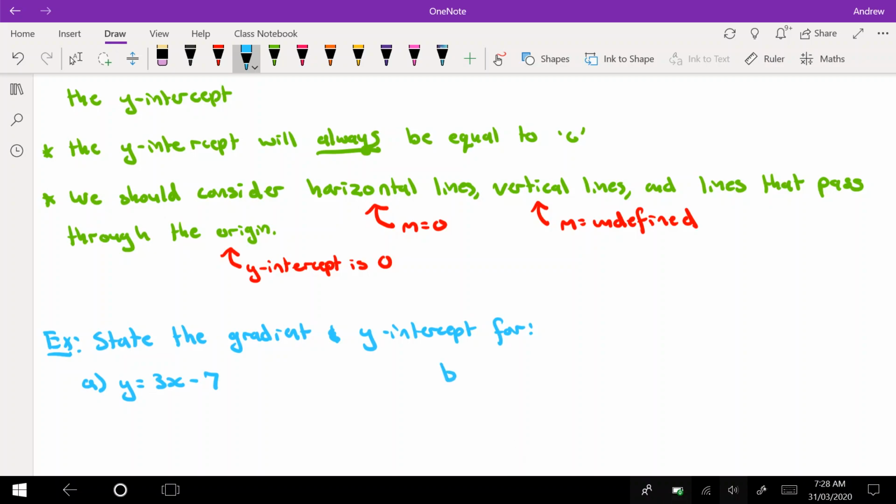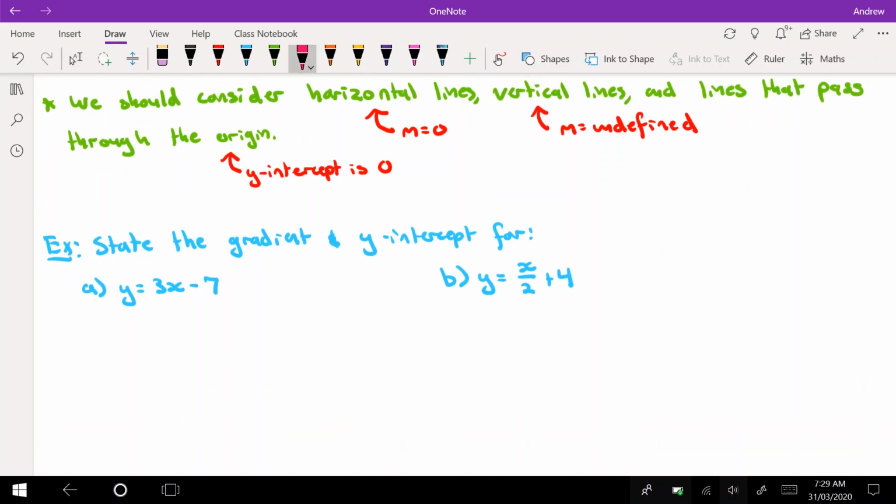And my second line is going to be y equals x over 2 plus 4. Well, let's have a look. I have an m value for gradient. I have a c value for the intercept.